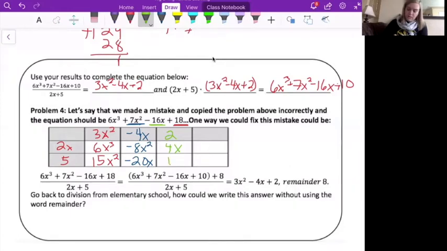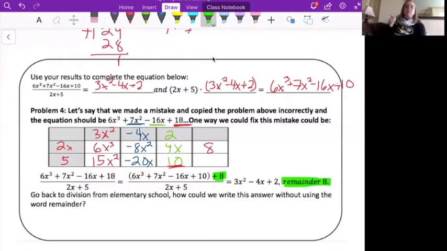This would be 10. But then to get us back to 18, because right now we have 10, we need to add 8. So we have this written down here with a remainder of 8.